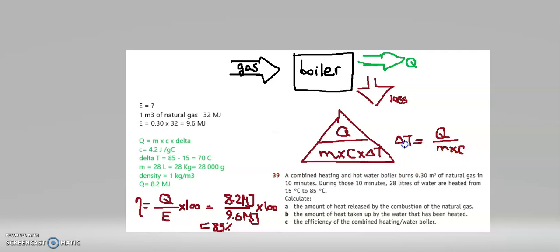You can calculate delta T. And then when you have delta T, you know that delta T is the final temperature minus the initial one. So delta T is, let's say, 70 degrees Celsius, and you have 70 here.